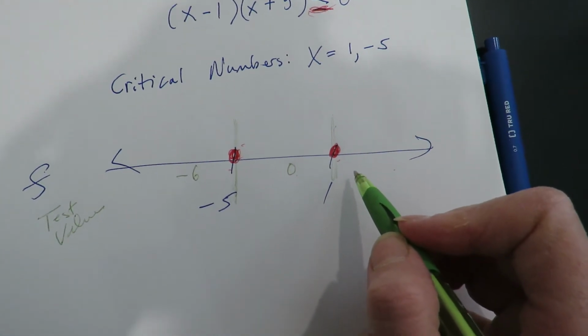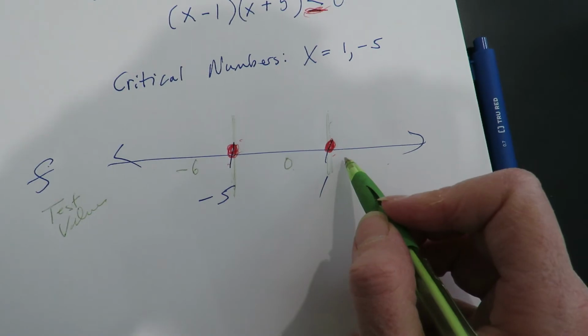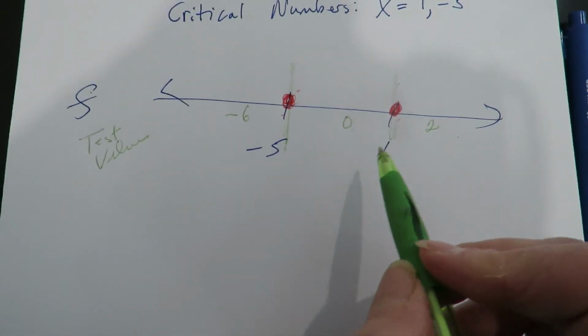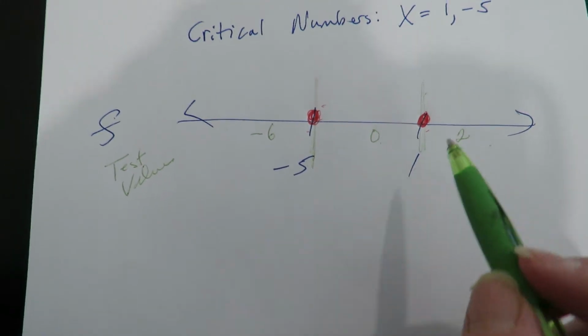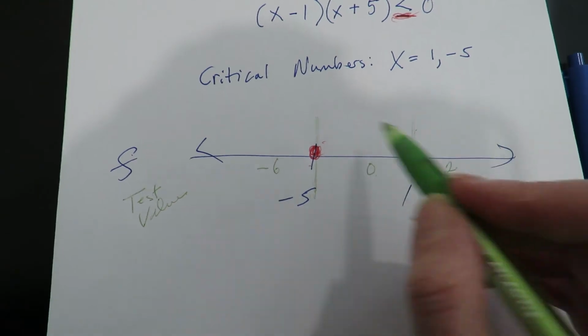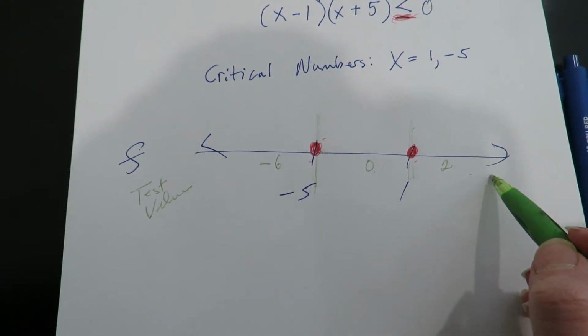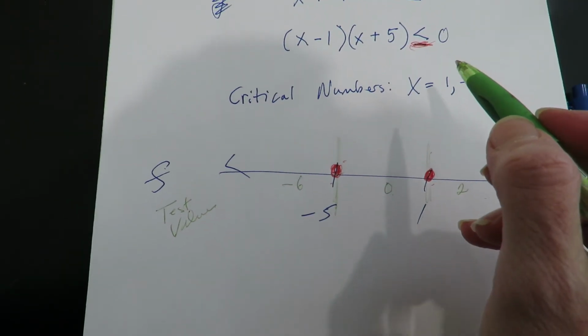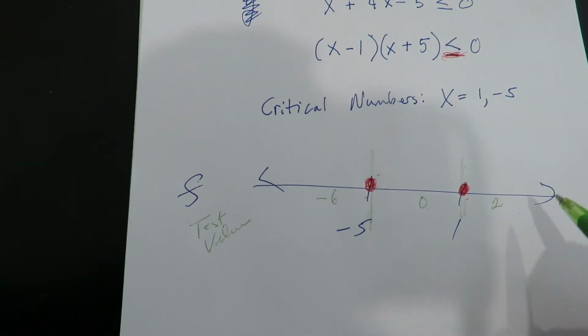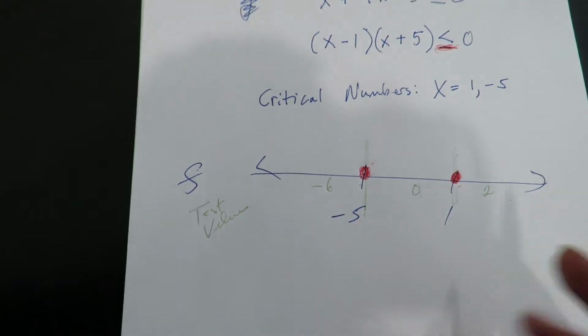Now over here, I'm going to pick something greater than 1, anything from 1 to infinity. I'm going to pick 2. I'm just going to make a suggestion here. It will crunch out easier for you if you stay near the critical numbers. I could pick 100, but it's sort of a headache to solve that, but it's doable, unless you're doing it abstractly.